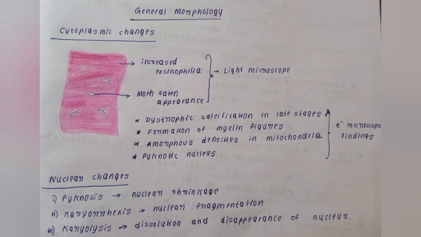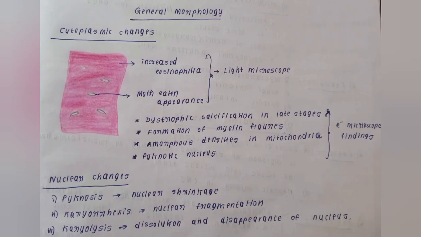And the third thing is amorphous densities in mitochondria. Now the name itself states amorphous, meaning the mitochondrial morphology is affected and has become amorphous because of necrosis. That is one more thing. And pycnotic nucleus, that is, the nucleus size has shrunken. So these are the cytoplasmic changes.